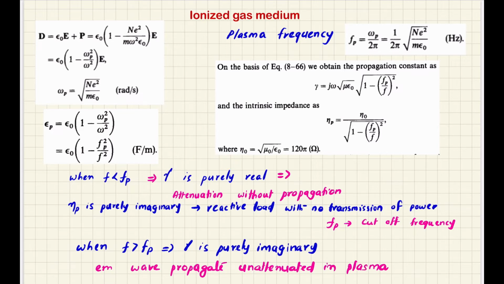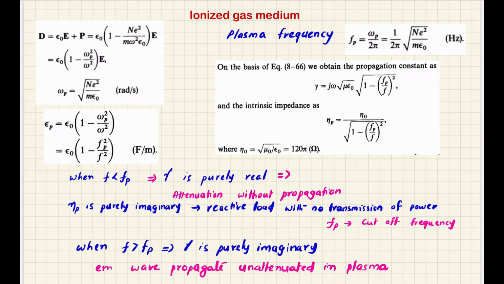This means gamma is purely real. Gamma is in general complex, having a real part and an imaginary part, alpha plus j beta, and the imaginary part determines the propagation and the alpha part gives you the attenuation. Since we don't have any imaginary part here, you have only the alpha part. So you can say that the wave will attenuate without propagation. The wave will quickly attenuate; it will not propagate.